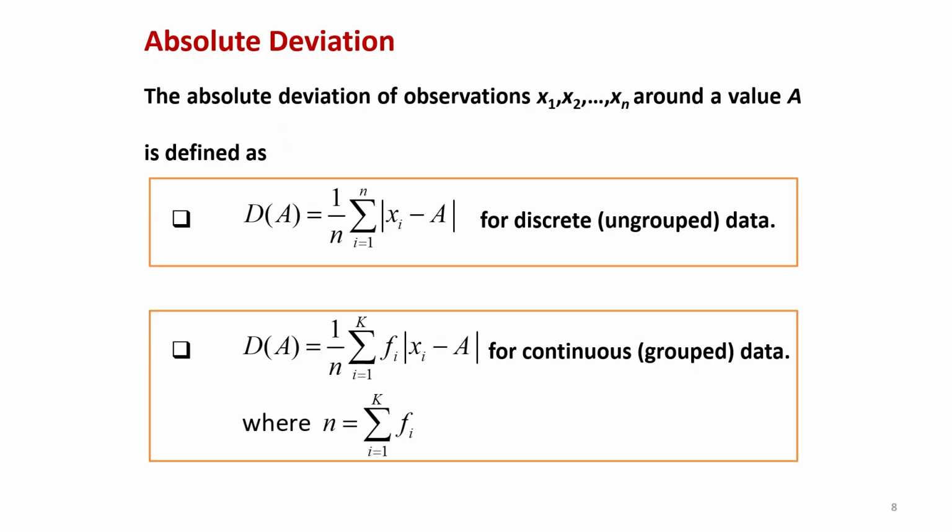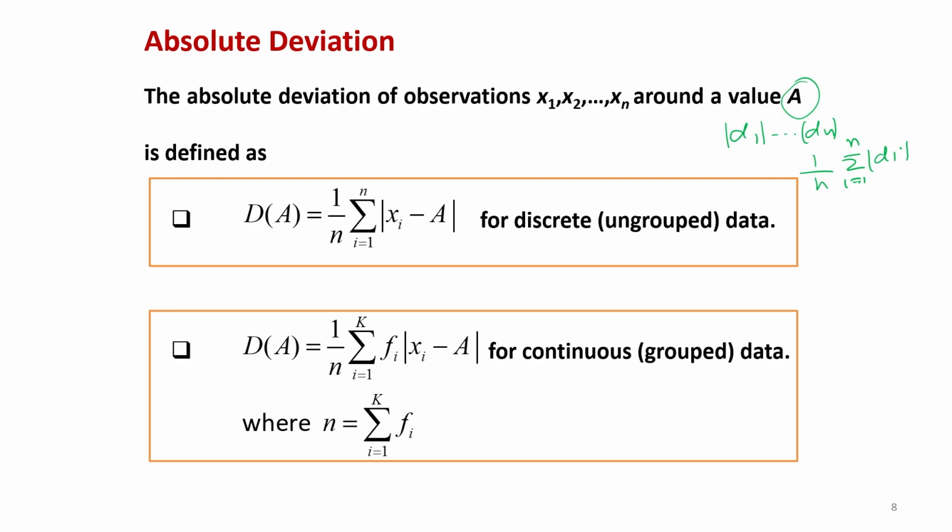Right, now first I define the absolute deviation of observations x1, x2, xn around a value a, some arbitrary value. I am not saying it is mean, median or something else. So I consider the deviations d1, d2, dn. I find their absolute values so that they become independent of the sign, and then I find the arithmetic mean of these deviations: summation i goes from 1 to n of the absolute value of di, divided by n.